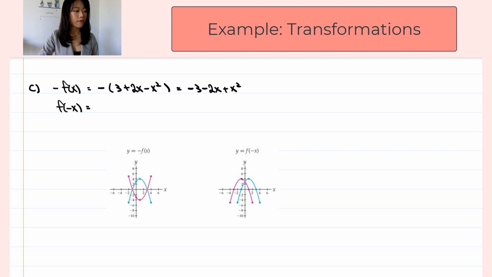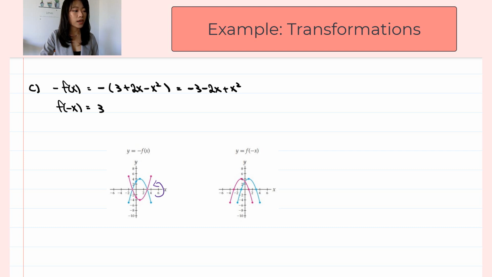If you look at the graph, the original graph was an inverted U shape, but now we have a positive x squared, so the quadratic is now facing upward. We have a reflection about the x-axis. How about the second one, f of negative x? We replace x by negative x.